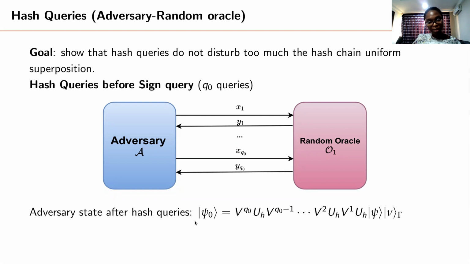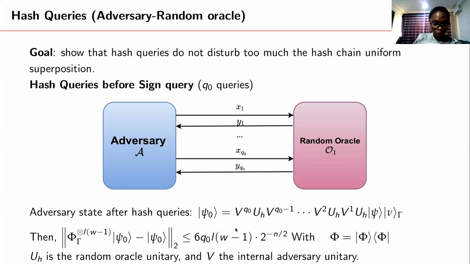So now we want to show that those queries do not disturb the superposition hash chain. We know that at the beginning, before any queries, all the hash chains are in uniform superposition except for the last one, which is the public key. So we can project the hash chain being in uniform superposition to this state and compute the difference to see if they are close or not.